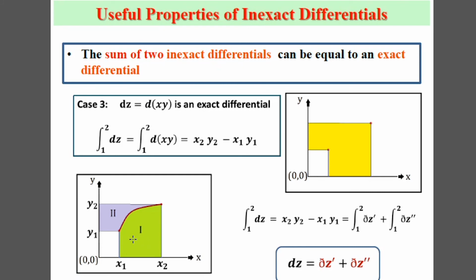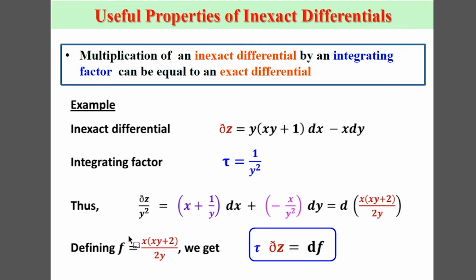The last thing I want to emphasize: if you have an inexact differential, and we will see this when we talk about entropy, and you multiply it with the appropriate integrating factor, then it becomes an exact or perfect differential.